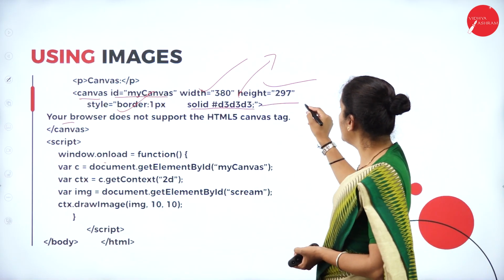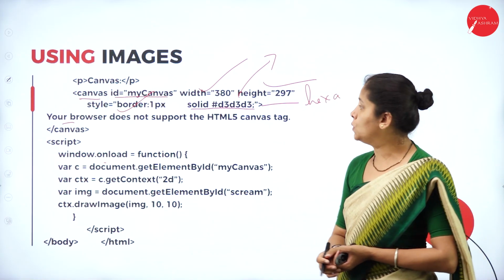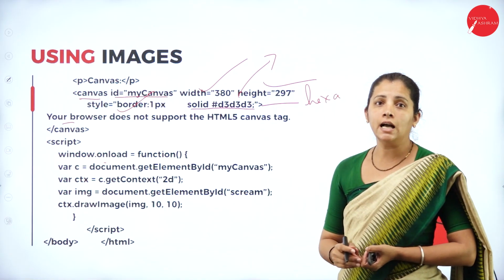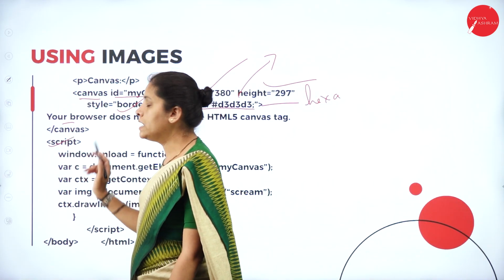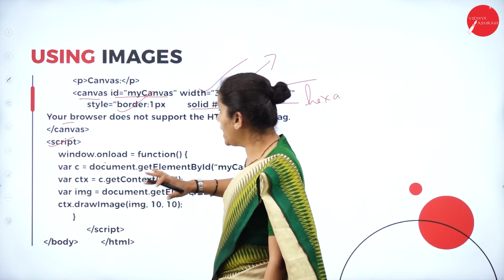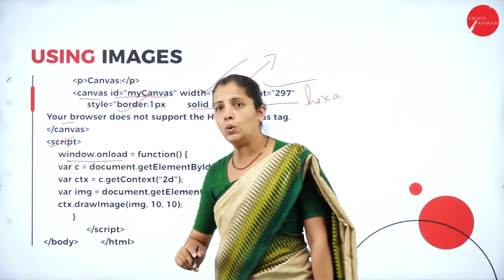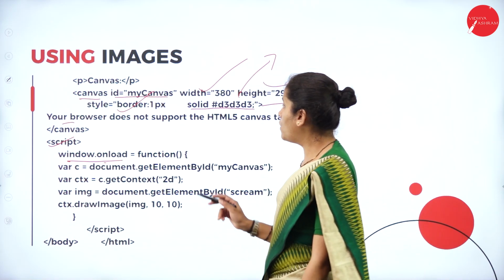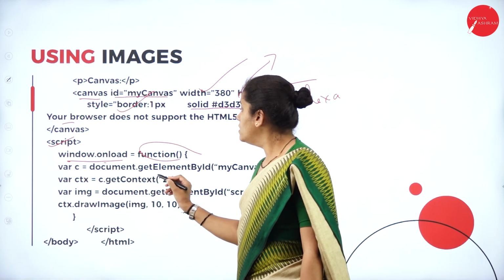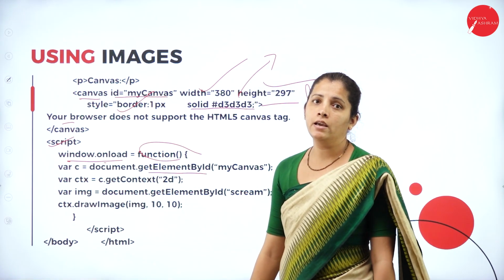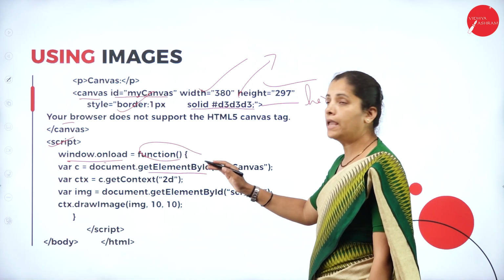That's nothing but the hexadecimal color code. Okay, fine. If I consider the code, I'll start with the script. When I load the page, so window.onload, what am I doing? I'm calling the function. So how am I going to get the canvas ID? That is through getElementById.